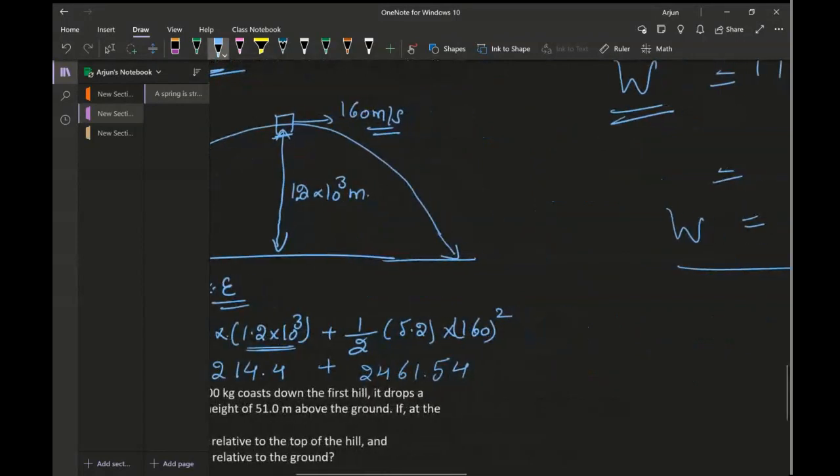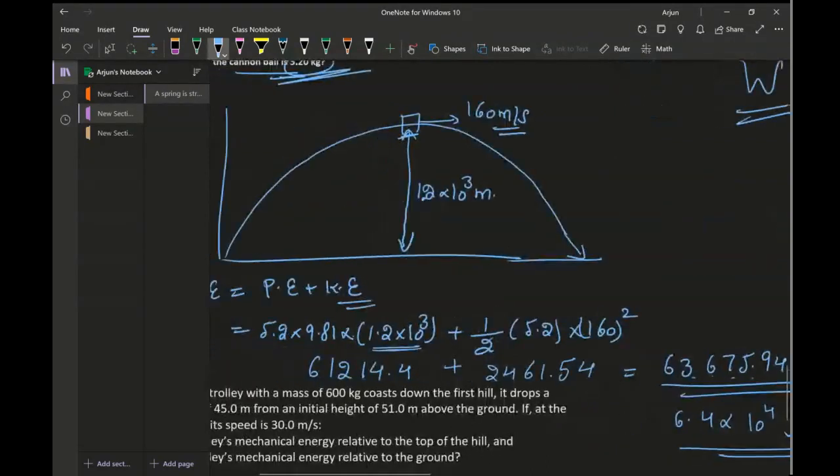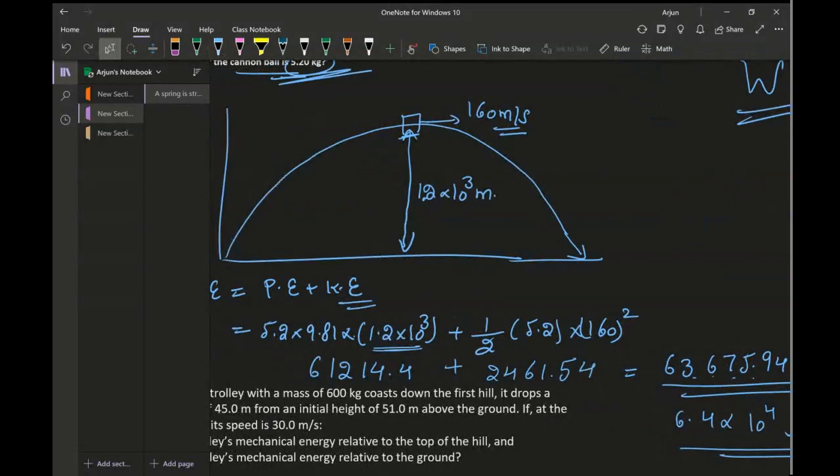So the total energy comes to 63,675.94 joules. Then you can convert it into scientific form, which is about 6.4 times 10 raised to the power 4 joules. That will be the final answer for this question. Hopefully you now understand how to simplify these kinds of questions.